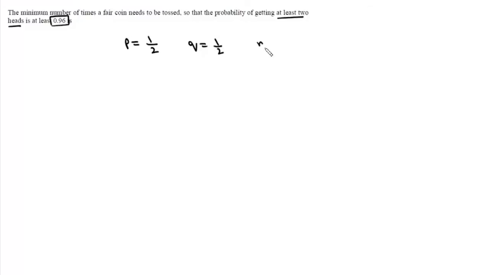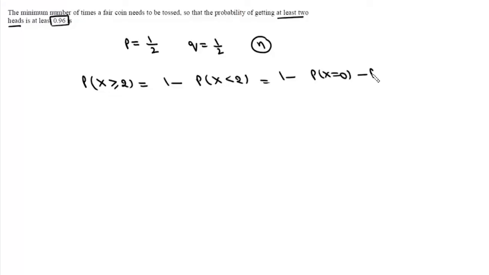And suppose n is the number of times we are tossing this coin. Now we need to find the probability that x is greater than or equal to 2. Now we can write this as 1 minus probability of x less than 2. So it will be 1 minus probability x equals 0 minus probability x equals 1.